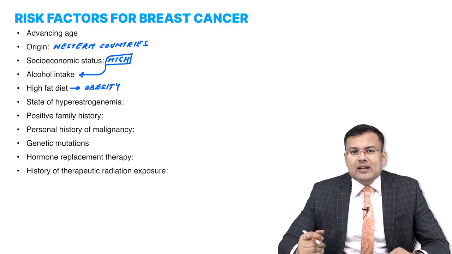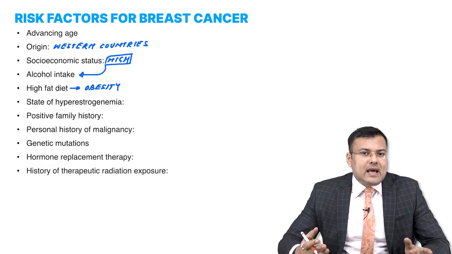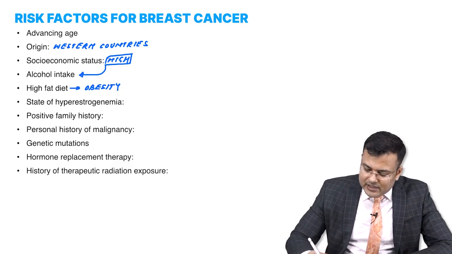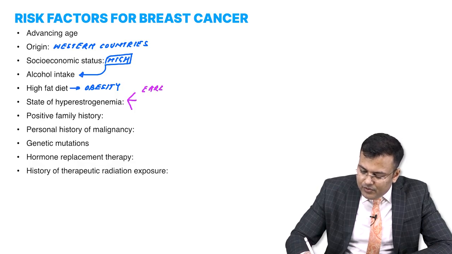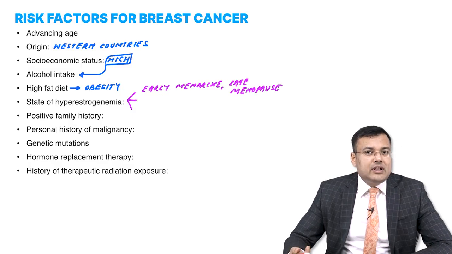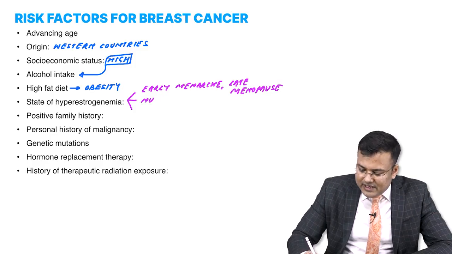Why? Early menarche, late menopause, nulliparity, late age at first full-term pregnancy. These are the states of hyperestrogenemia. Early menarche, clear? Late menopause, clear? Nulliparity: this patient is not having any kids.